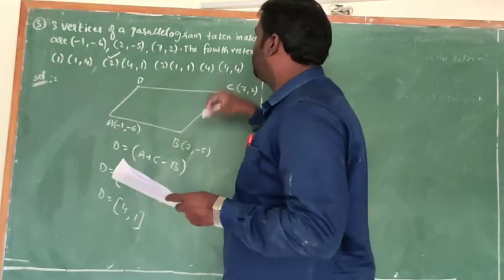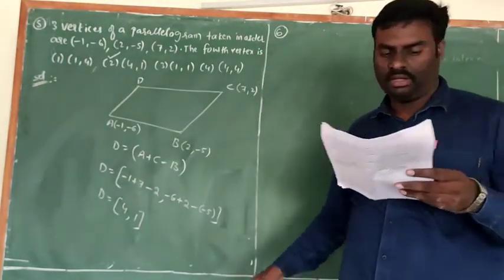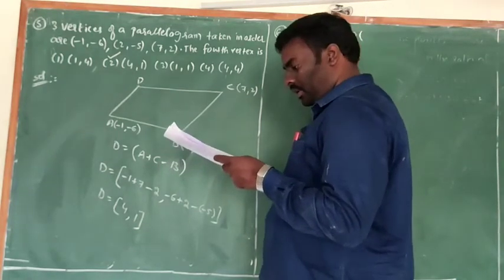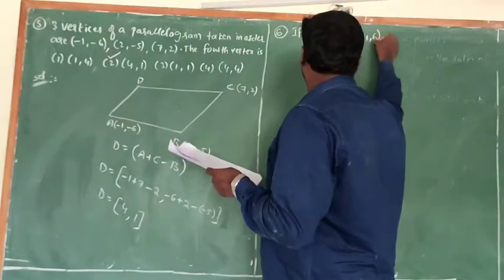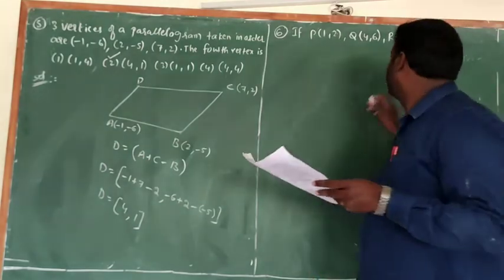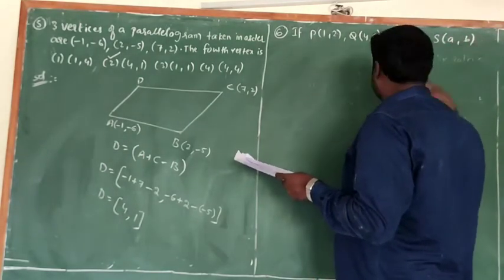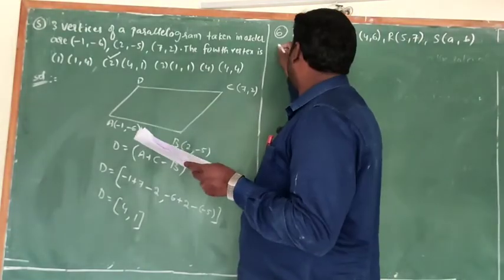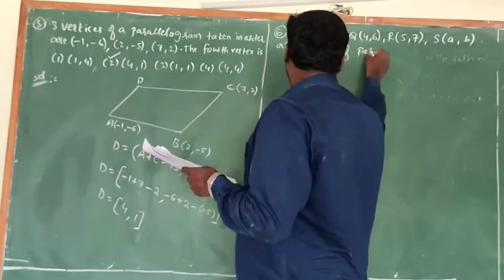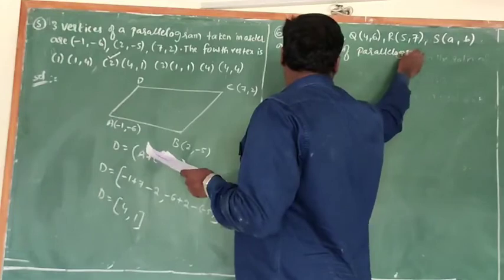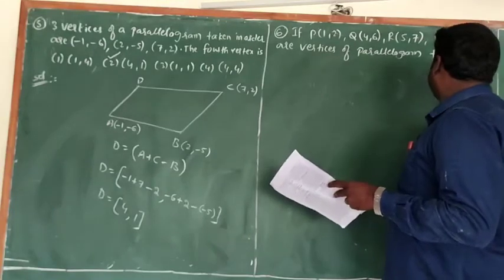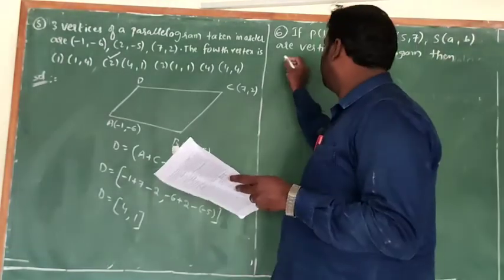Sixth question, it is also based on parallelogram only. If P 1 comma 2, Q 4 comma 6, capital R 5 comma 7, capital S A comma B are vertices of parallelogram, then first option, A value 2, B value 4.